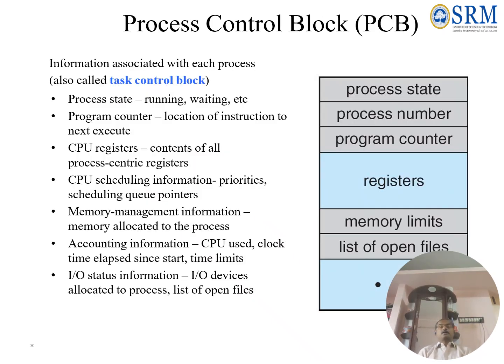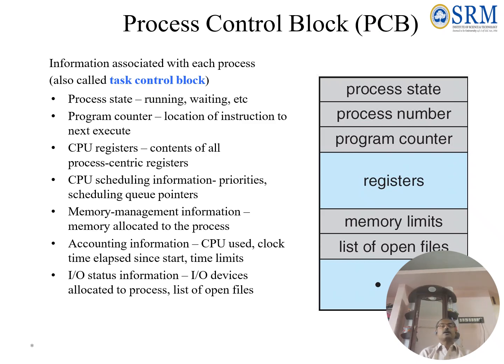Then we have a block called the process control block, which is also called PCB. I think you all heard about what is PCB. Information associated with each process will be stored in the PCB.